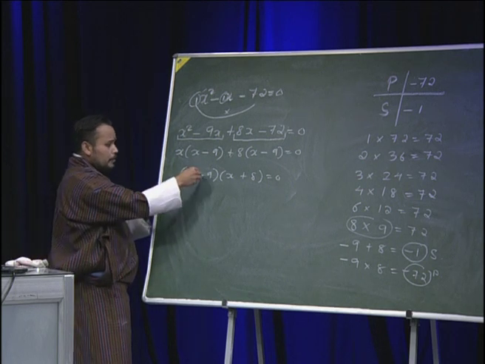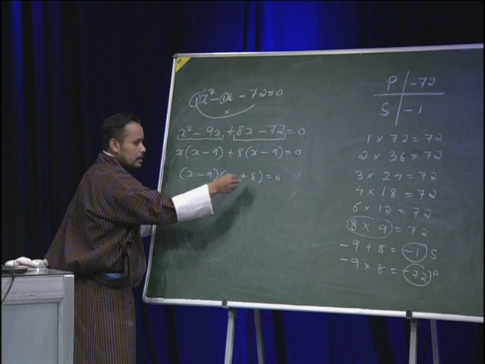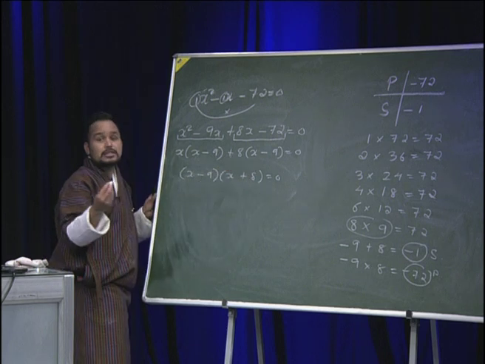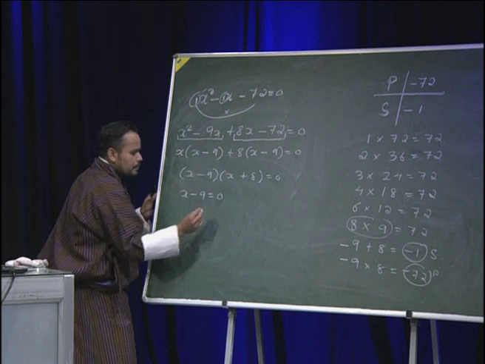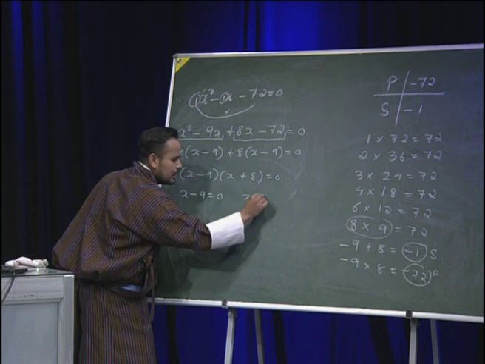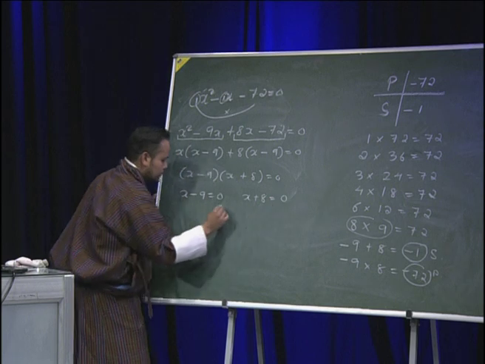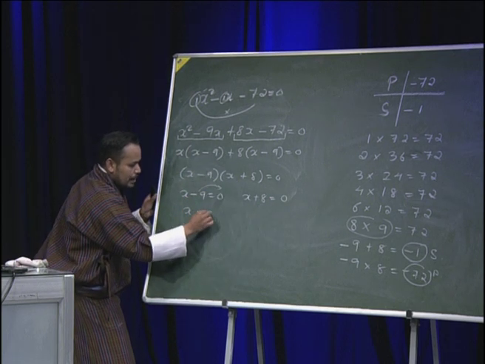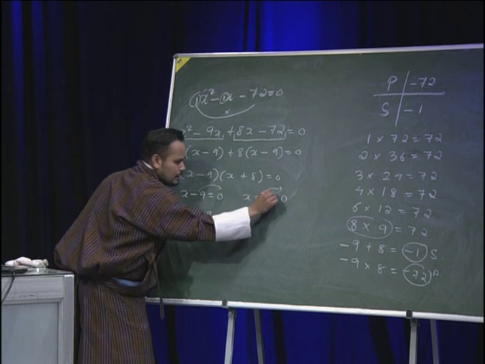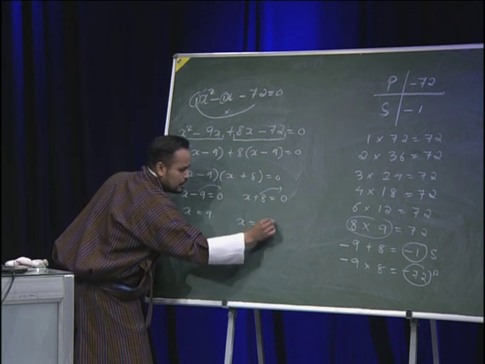So let me equate the first factor to 0 and the second factor to 0 to get the roots. So x minus 9 is equal to 0, x plus 8 is equal to 0. When I take 9 to this side, x will be equal to 9. When I take 8 to this side, x will be equal to negative 8.